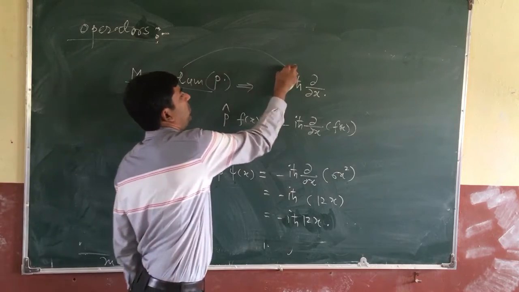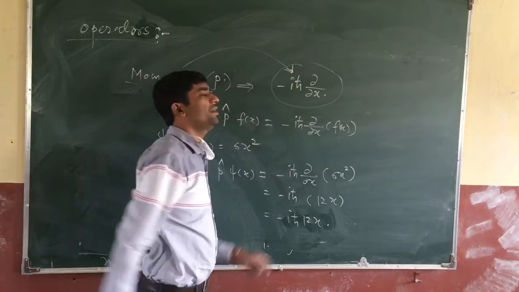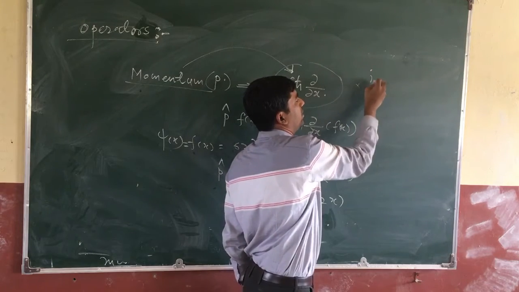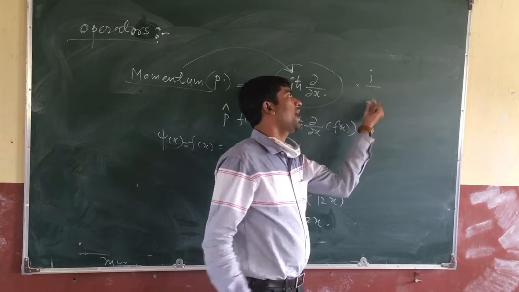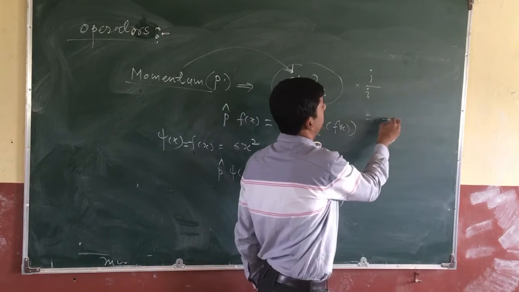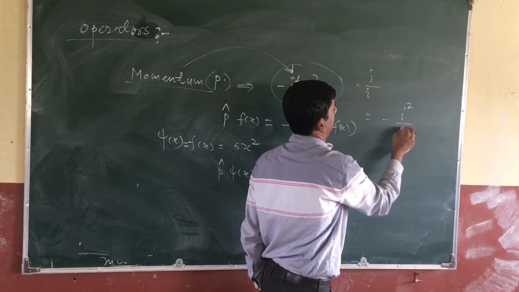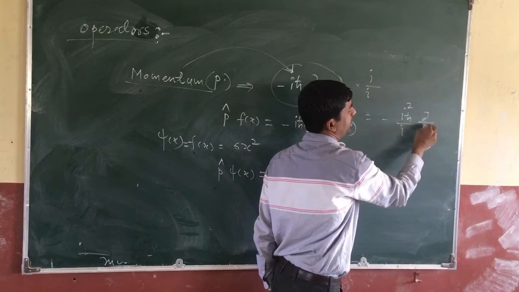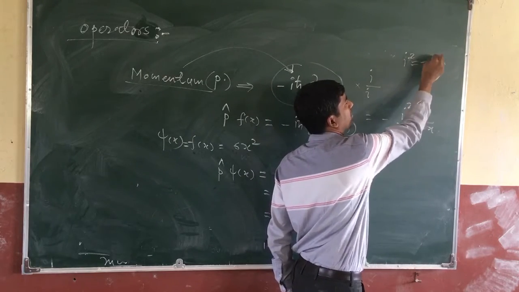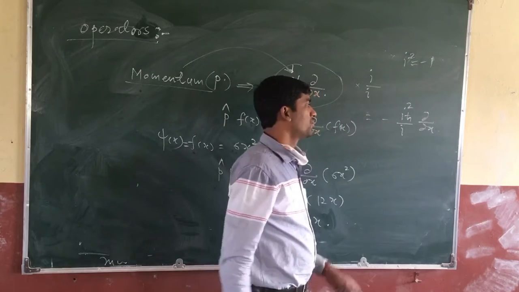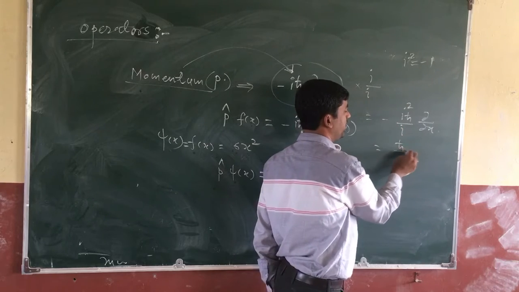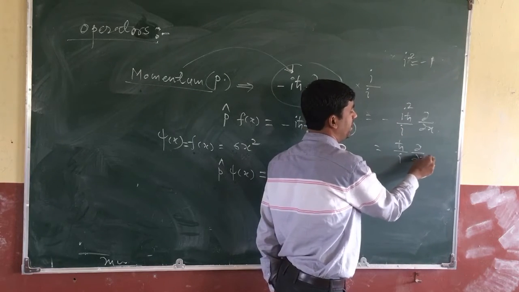So what is the momentum operator? Minus i h cross dou by dou x. If you multiply i in the numerator as well as the denominator, what happens? This term will be equal to minus i square divided by i into h cross dou by dou x. What is the value of i square? i square is equal to minus 1. If you substitute minus 1 here, minus minus becomes plus. So this will be h cross divided by i dou x.